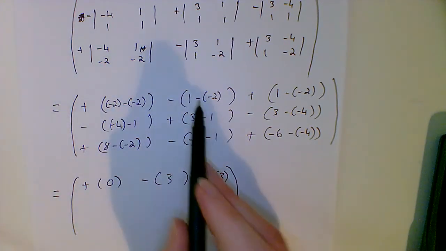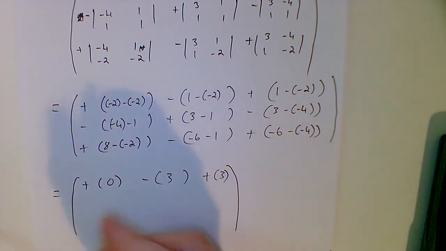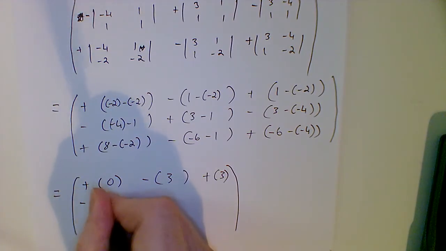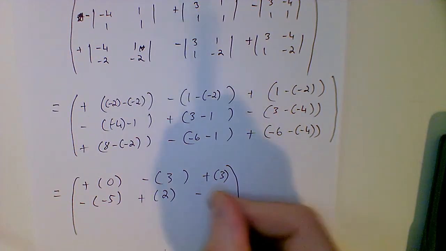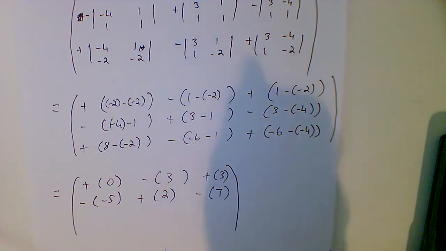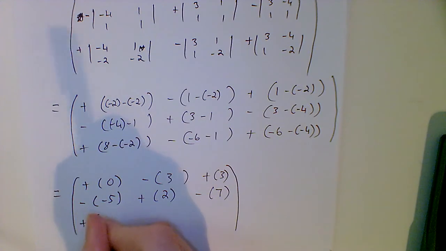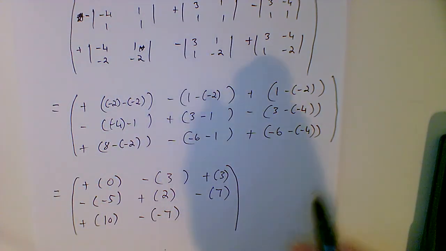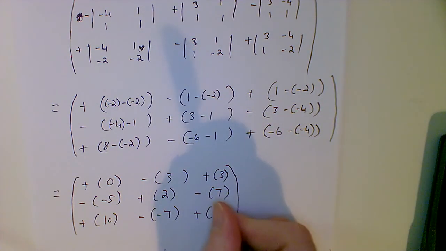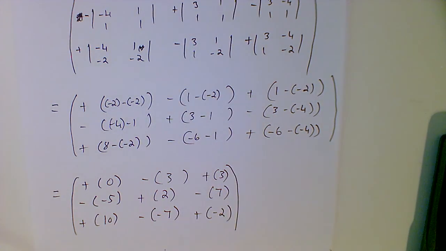That gives you 0, that gives you 3, that gives you 3, gives you -5, gives you 2, gives you 7, 10, and -2. Let me just check those numbers. I hope those are right.